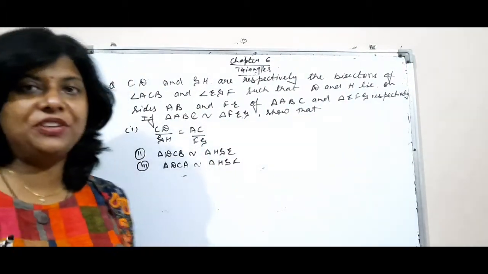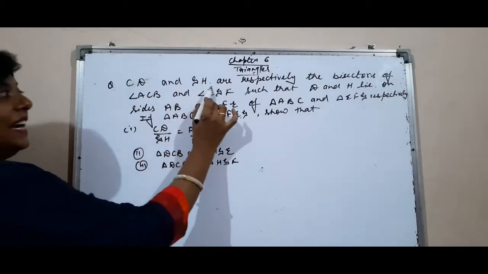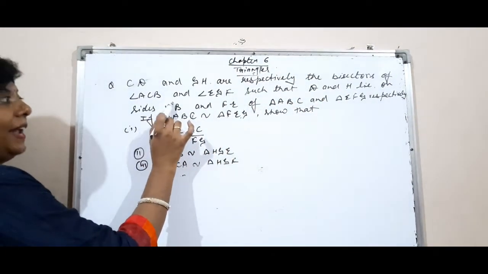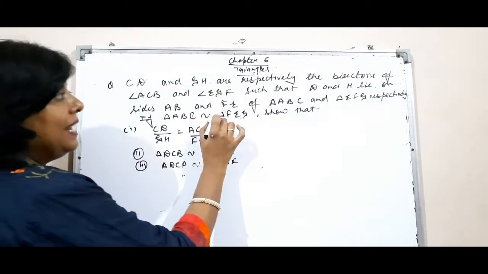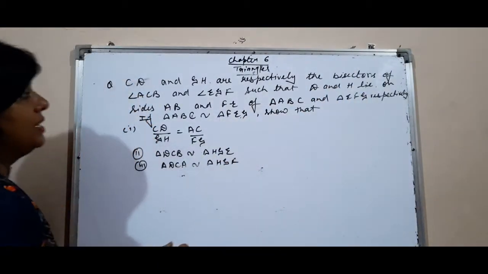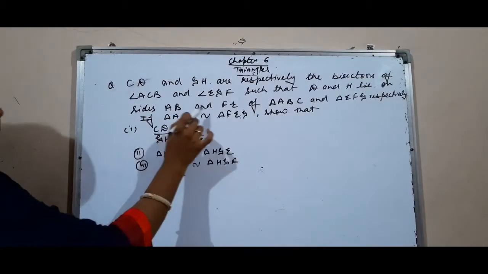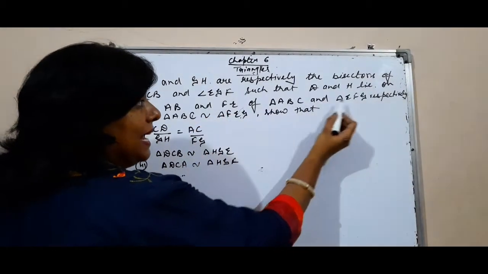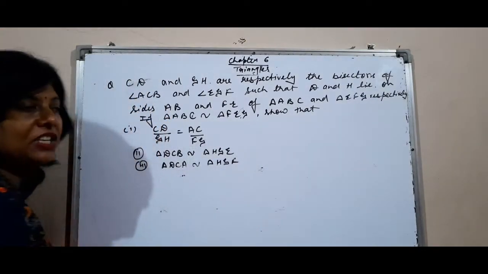Now our next question is, CD and GH are respectively the bisectors of angle ACB and angle EGF such that D and H lie on sides AB and FE of triangle ABC and triangle EFG respectively.